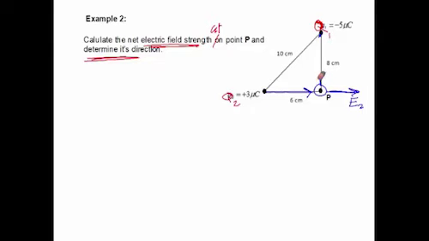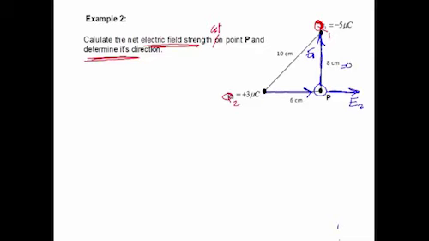Here, this is a negative charge, so lines are going inside. So we have E2 and E1. Now we want to calculate each one. First of all, let's make sure about our units.